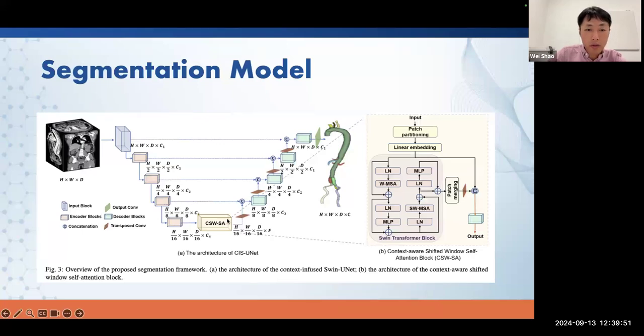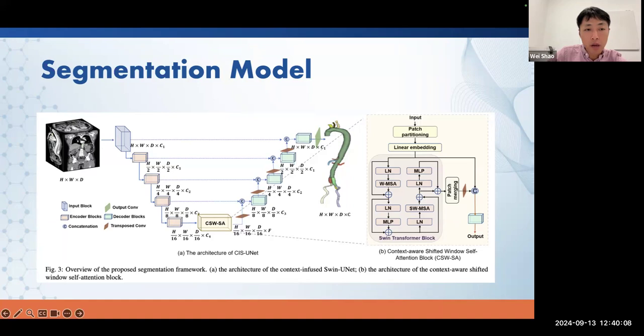So we leverage the Swin transformer and design our own. We also modify the original Swin transformer: we update the patch partition component to improve the performance.